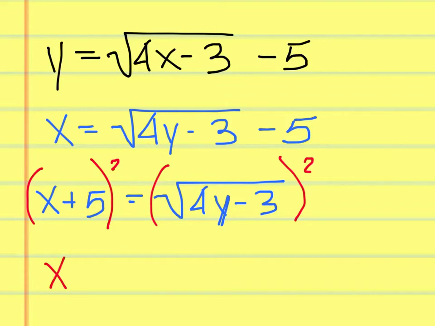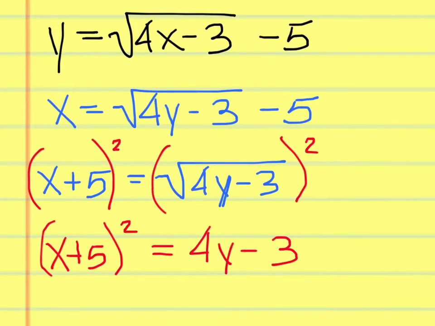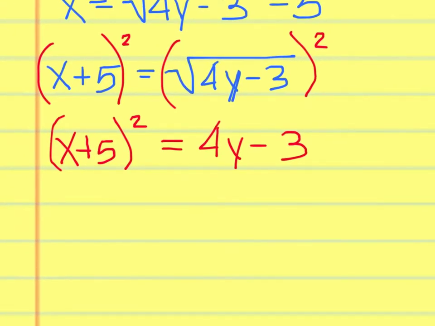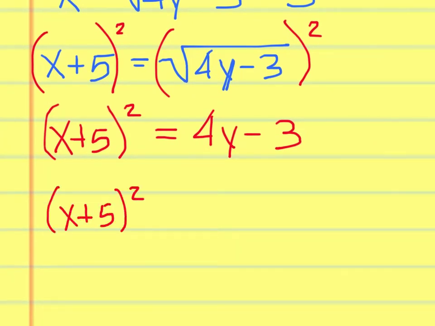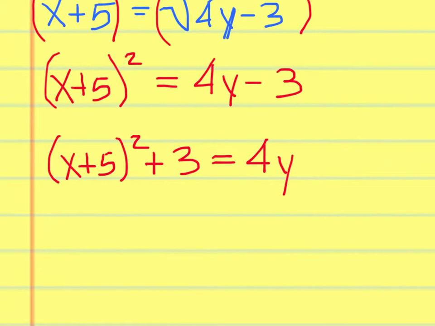When we do that, we have the quantity x plus 5, squared, equals 4y minus 3. And we have to move that minus 3 to the left, and it's going to be plus 3. So now the only thing left to do is to divide the left-hand side as well as the right by 4.